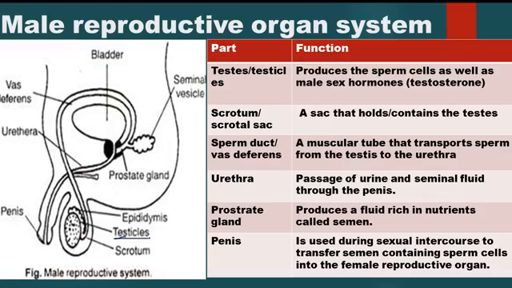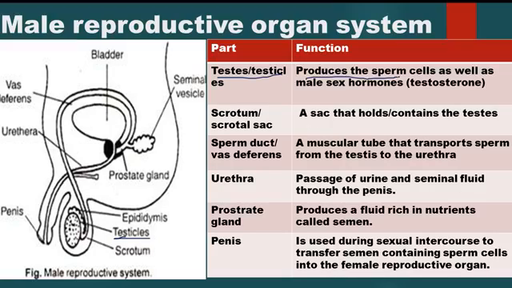The testes, they are also called testicles. Now, I want you to remember when you are preparing for your exams, the testes or the testicles have two functions. The first function, they are the ones responsible for the production of the sperm cells.